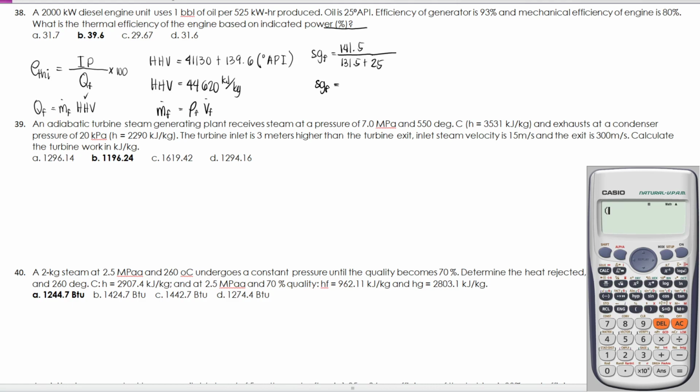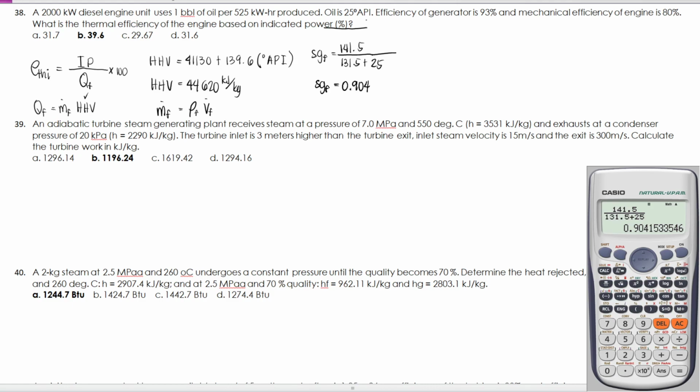So, SG is 141.5 over 131.5 plus 25. Patuloy na lang natin to 3 decimal places, that is 0.904. So, as you can see, yung ating problem na to, wala namang specific na temperature yung oil fuel na ginamit. That is why, i-consider natin that this oil fuel is at its standard temperature na 15.6.